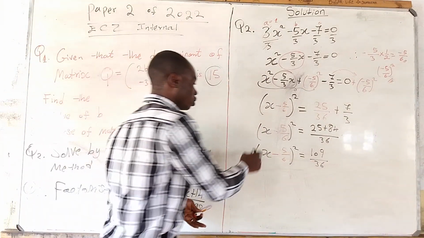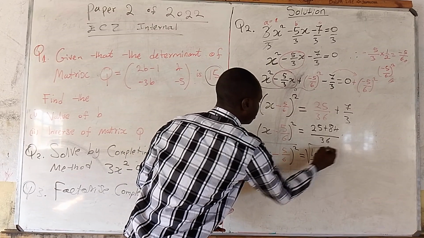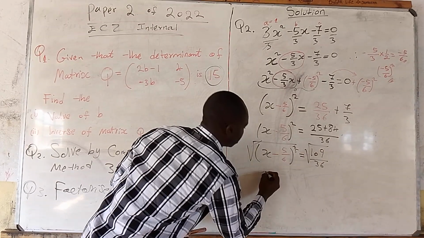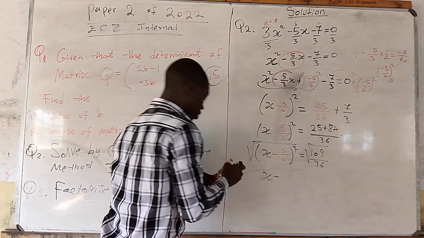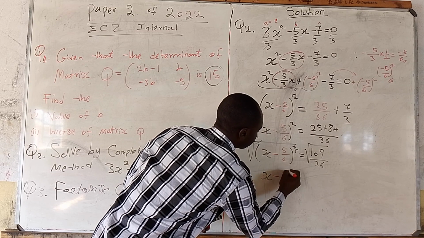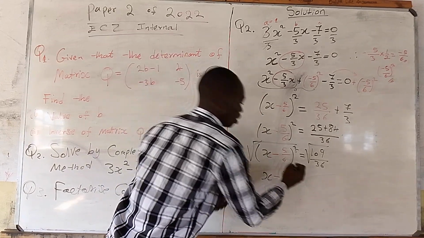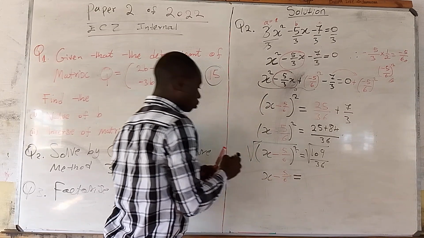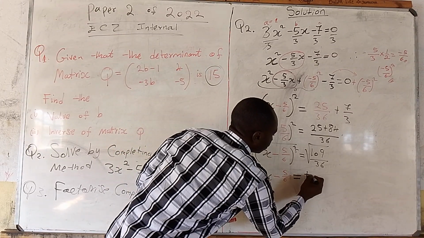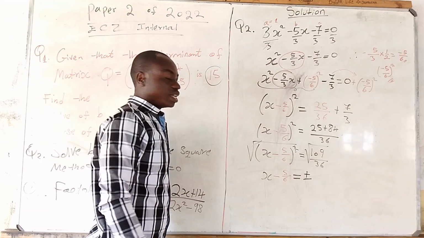It's now the time for us to get rid of the square by introducing the square root on both sides, so that we have x minus 5 over 6 is equal to positive or negative the square root of 109 over the square root of 36.